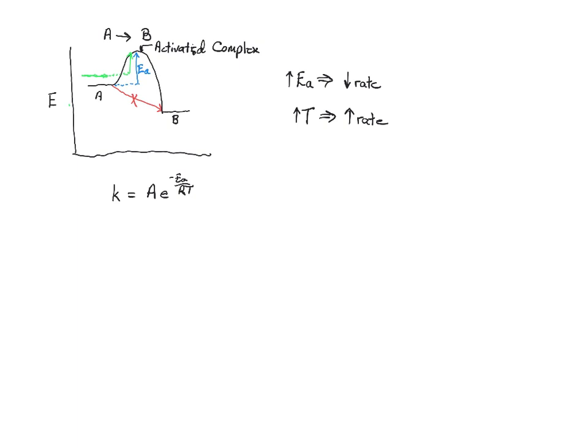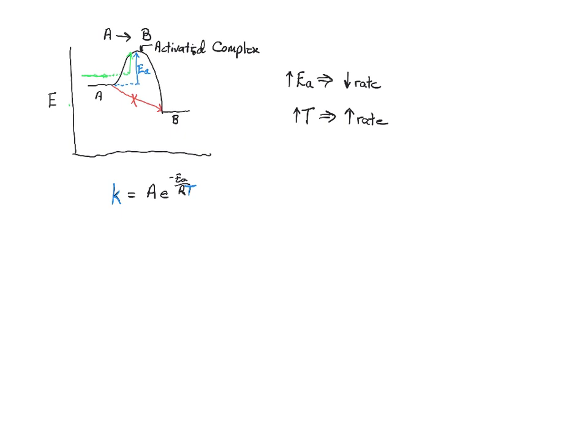So you can see here we have A, which is a constant, e, which is a constant, the activation energy, which would be constant for a particular reaction, and then the gas constant and temperature. So our two variables here in a given reaction are the rate constant and the temperature. So for a given reaction, everything else stays constant.